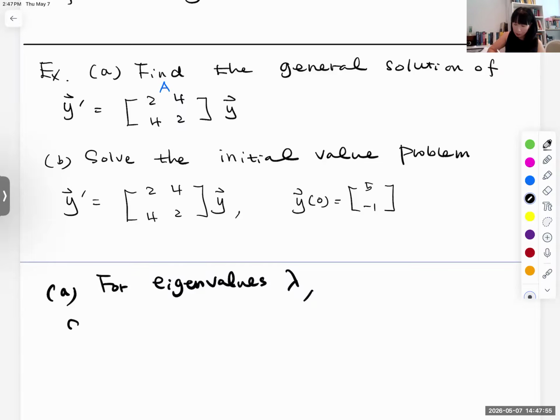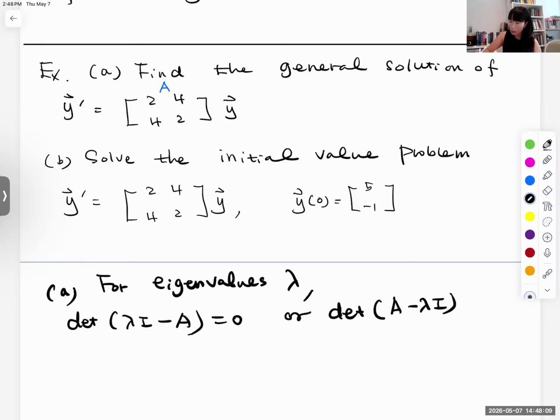We can use the determinant of lambda I minus A equal to 0, or we can use another form, the determinant of A minus lambda I equal to 0. Let us use this one.